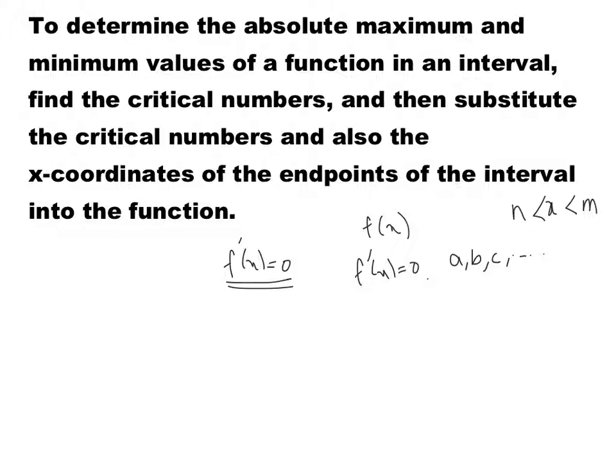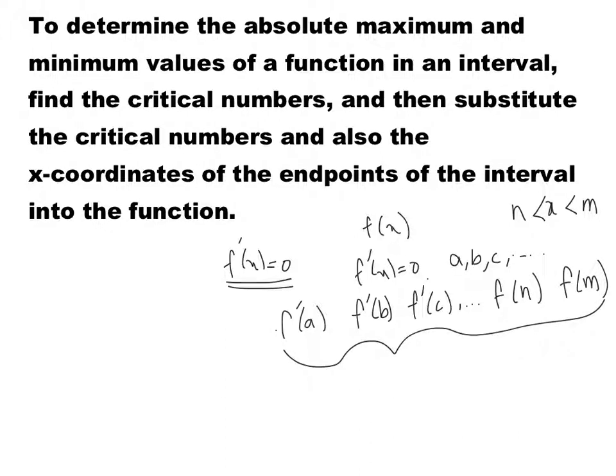Then to find the absolute maximum or minimum, we have to find f of a, f of b, f of c, and so forth. Also, we have to find f of n and f of m, and then compare these values together. The highest one is the absolute maximum, and the lowest one is the absolute minimum.